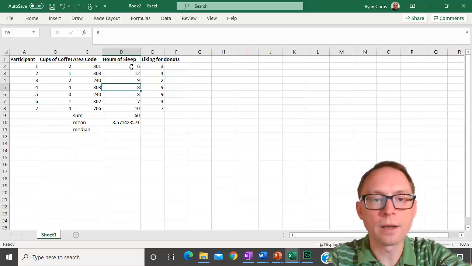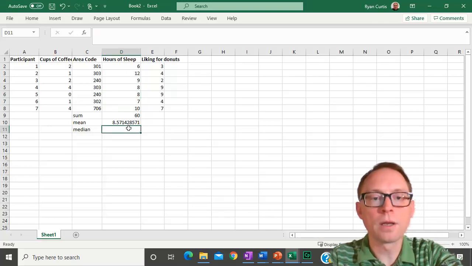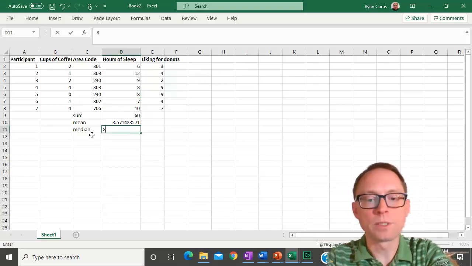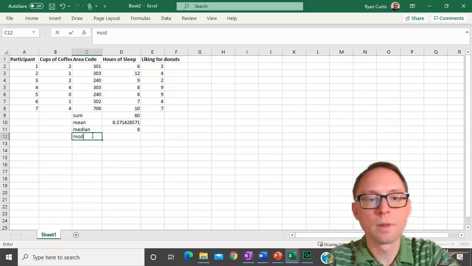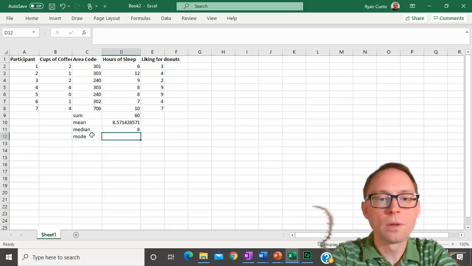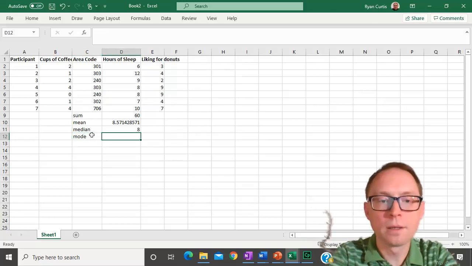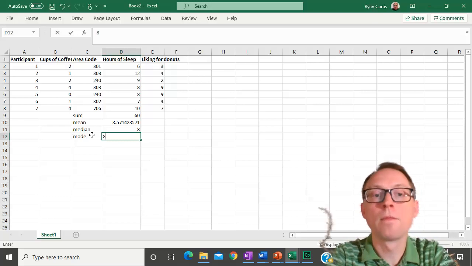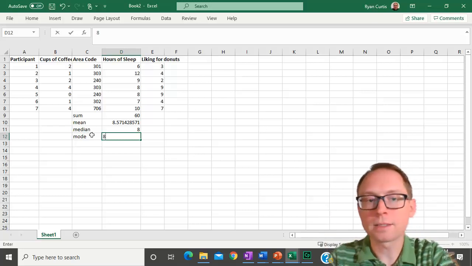By middle, I mean middle in the range of these scores. This is the lowest, 1, 2, 3, and this is the fourth. So the median is right in the middle. The median hours of sleep was 8 hours. What is the mode? The mode is the most common. Mode is 8.